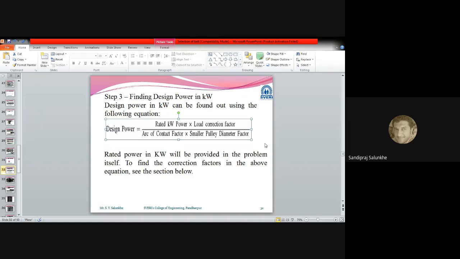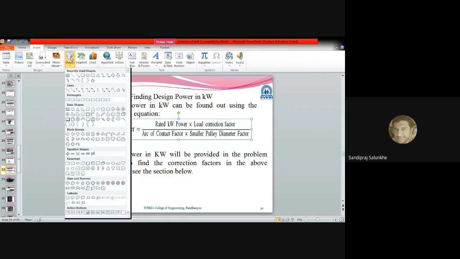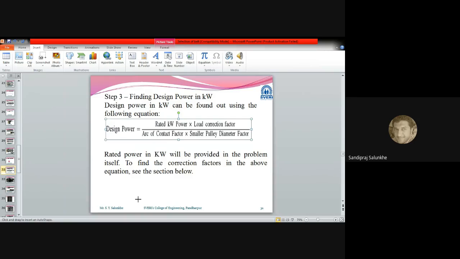Now, we are going to see all these things in detail. Arc of contact means the belt is in contact with the pulleys, and we know that the smaller and bigger pulley will not have the same arc of contact. But all the calculation which we are going to do, we do by considering the arc of contact as the same.